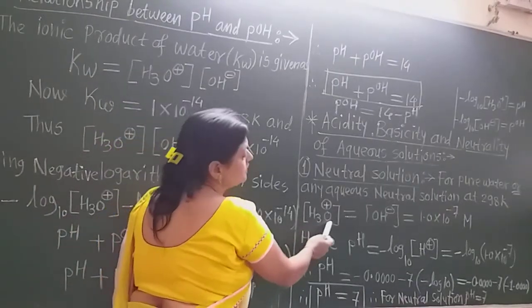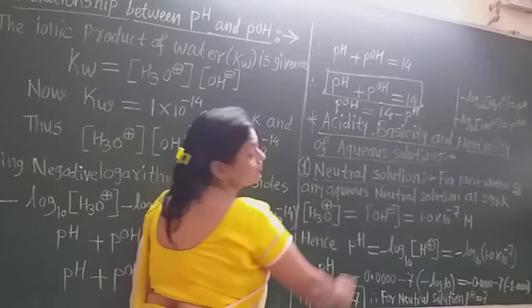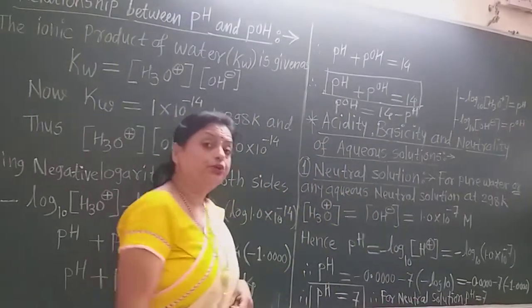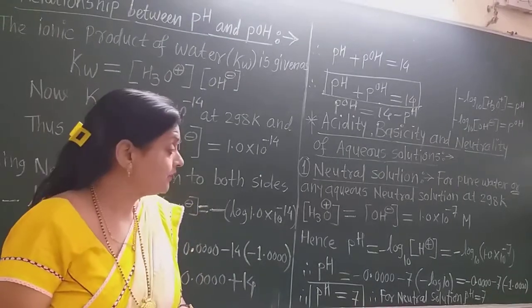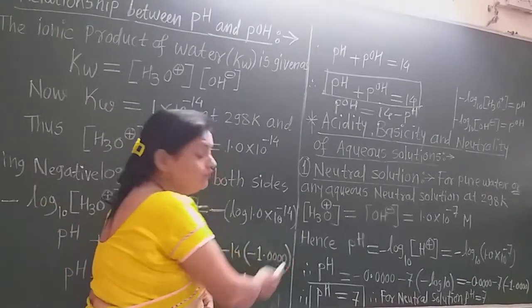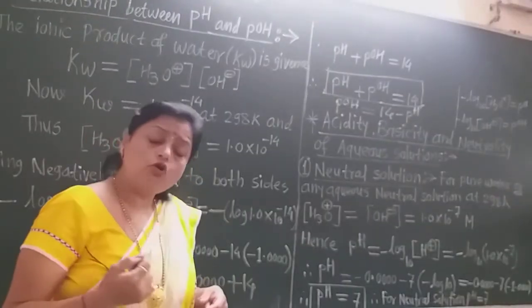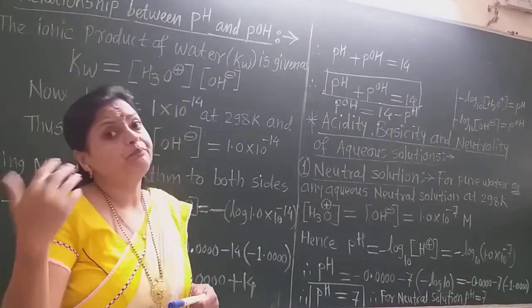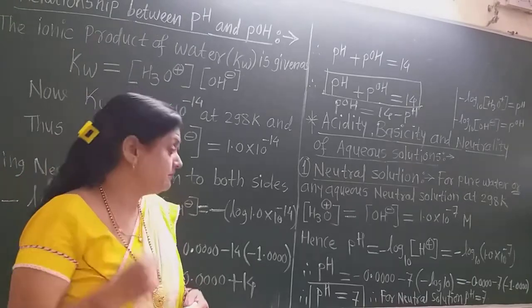So the concentration of H3O plus is equal to the concentration of OH minus, which is equal to 1.0 into 10 raised to minus 7 molar. Now as the concentrations of both ions are the same, their pH and pOH values are also the same.